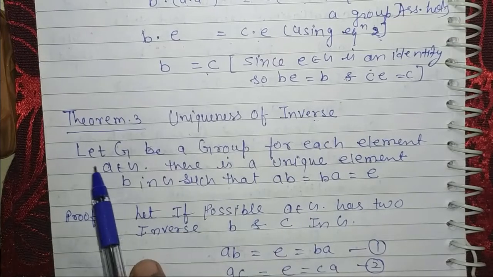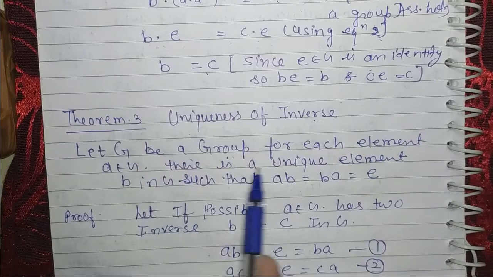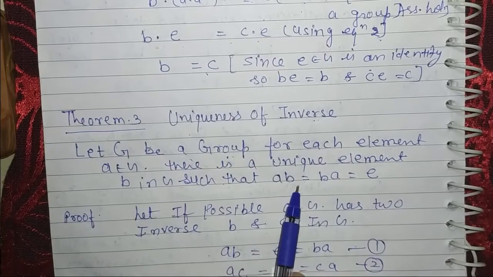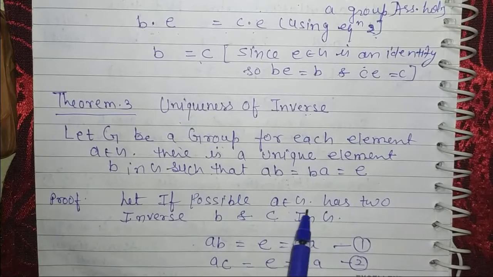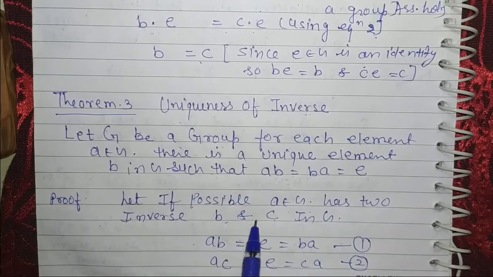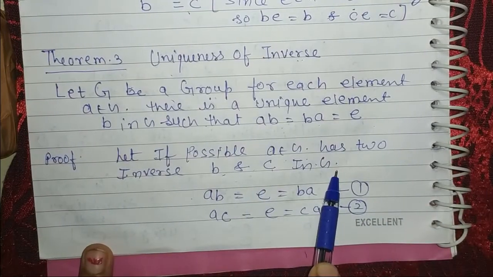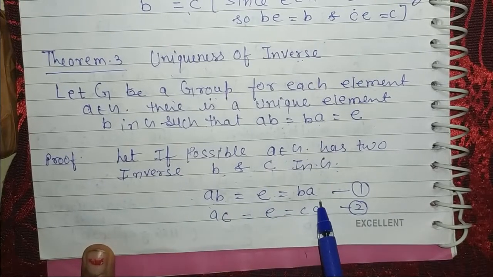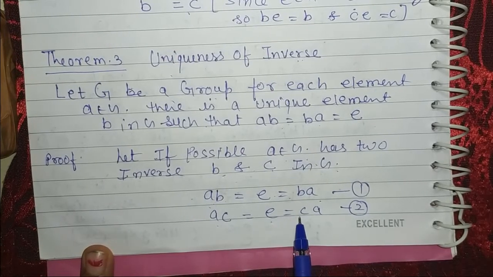So this result says if G is a group and every element A belongs to G, there is a unique element B in G such that AB and BA are equal to E. Let, if possible, A belonging to G have two inverse elements, B and C in G. If B and C are the inverse elements of A, then we can write AB equal to E and this is equal to BA. Similarly AC is equal to E and CA. This is our equation number 2.